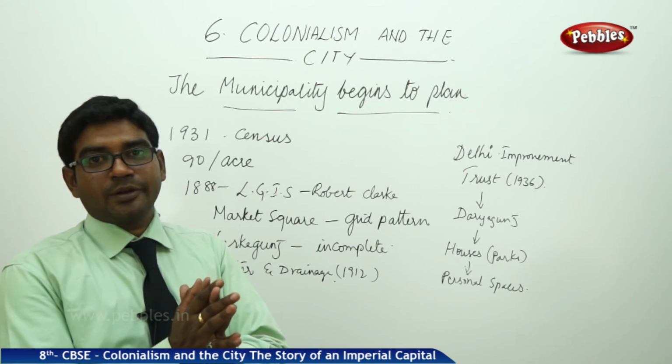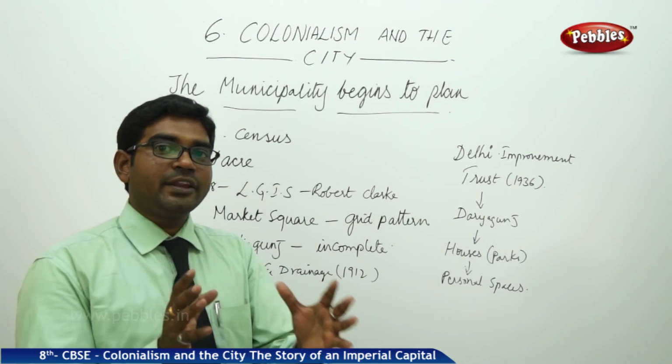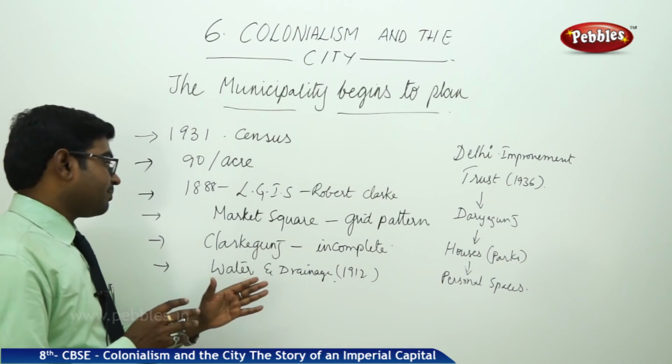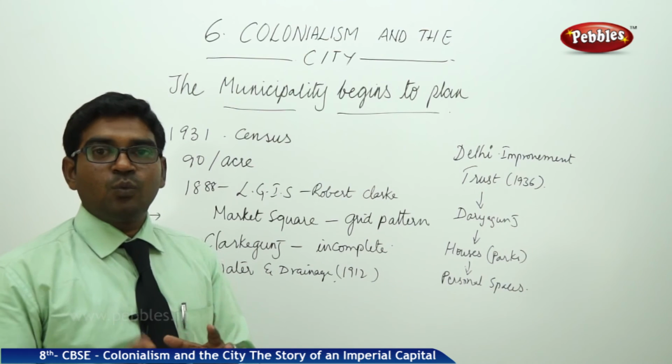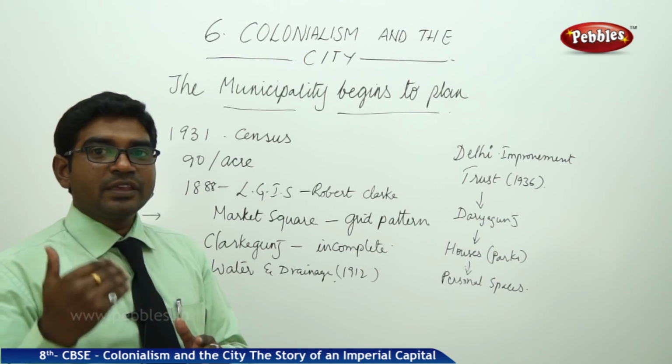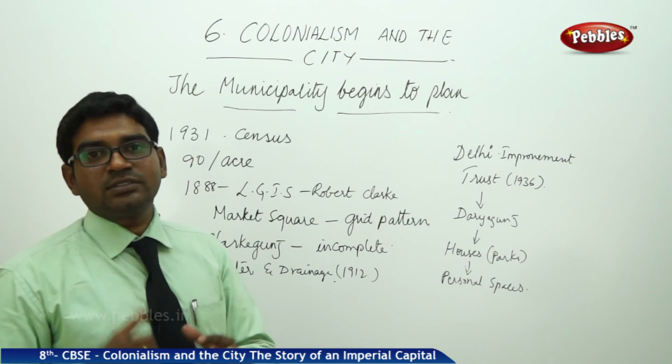The width and length would be maintained properly, and Clarkganj would be planned, where the neighborhood would be divided equally into land plots so that they could construct their houses there.